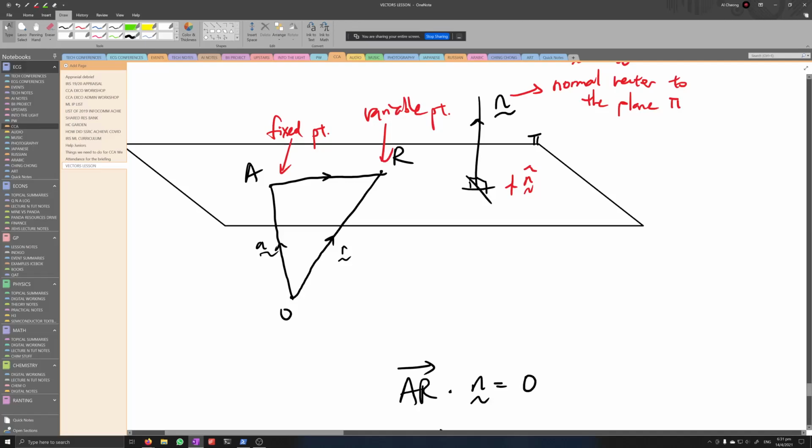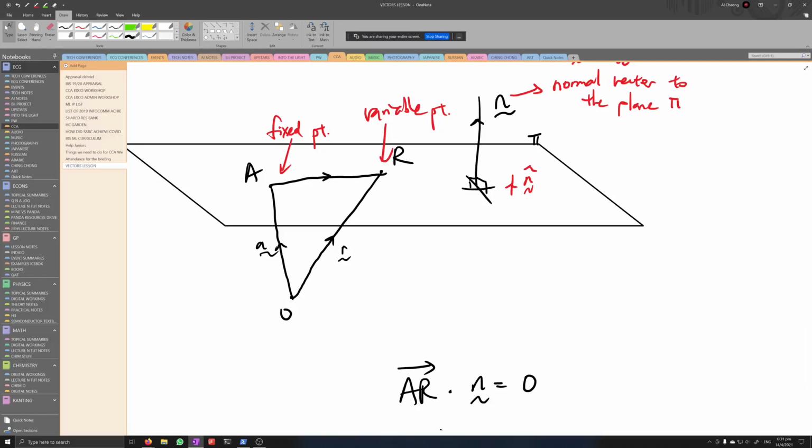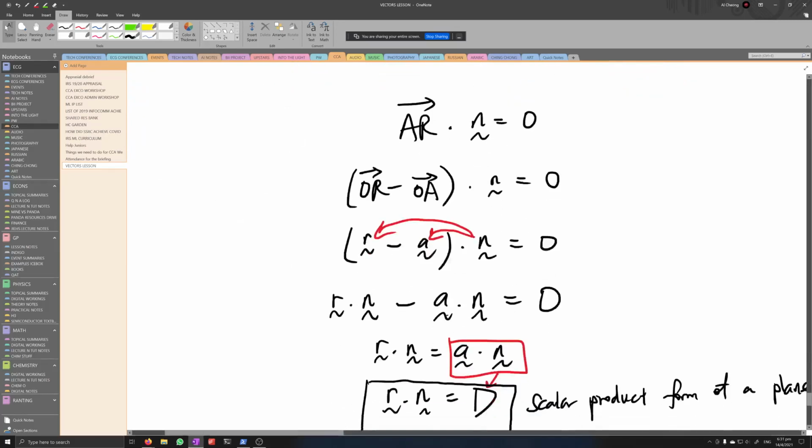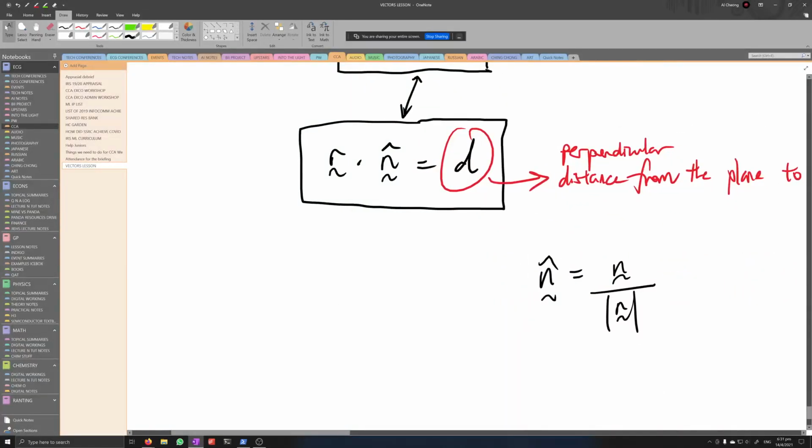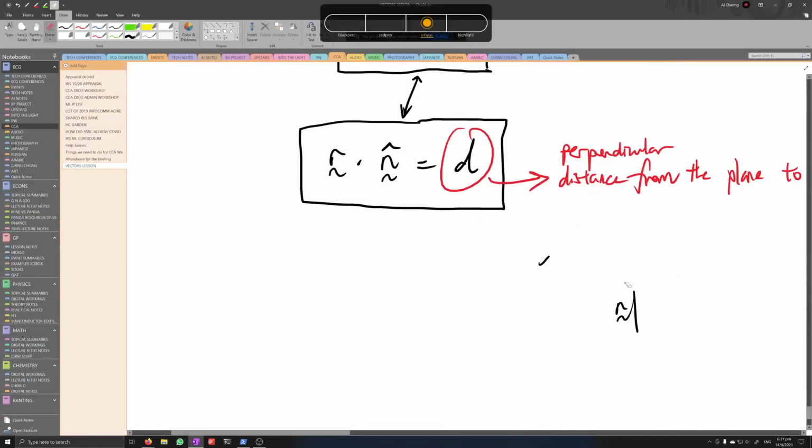You want n to have a hat such that when you do the dot product, you multiply it by 1, so you don't change the value.